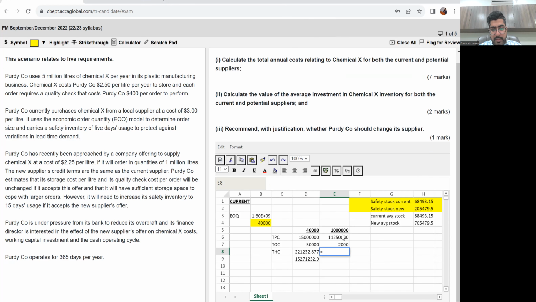And total holding cost is CH 2.5 into average stock, which is half EOQ plus safety stock, that's already calculated in H4. Then you drag it, same sum.